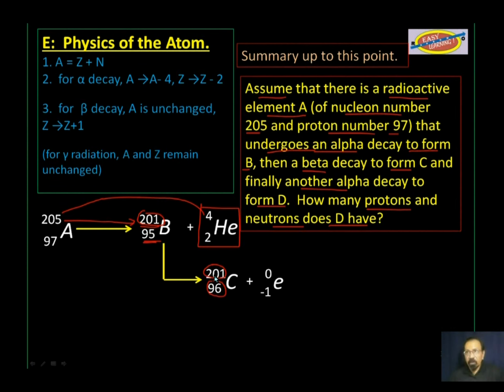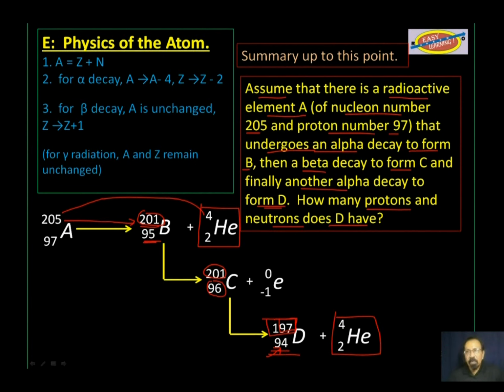C, of course, undergoes another alpha decay to form D. So now we have alpha decay, helium, and we have D. Well, this here will decrease by 4 from what it was, so 201 becomes 197, and this down here will decrease by 2 from 96, and we get 94.